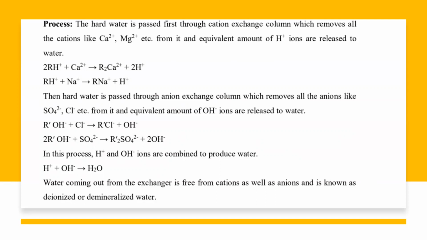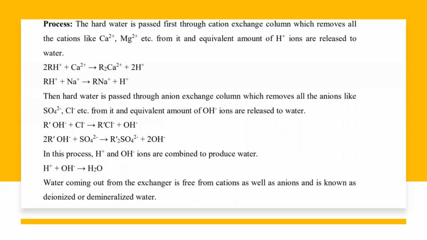Thus in this process, H+ and OH- are combined to produce water. H+ ions are given out from the cation exchange column, and OH- ions come out from the anion exchange column. The two react together to give water.